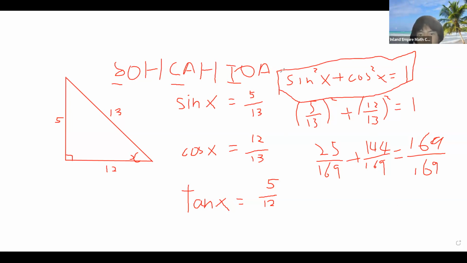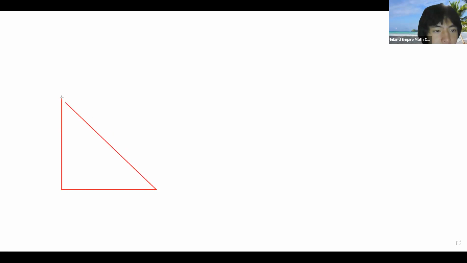Okay, well, let's finish with one more example. In fact, I want to talk about a really basic right triangle that everybody should know, and that is the 45, 45, 90 triangle.